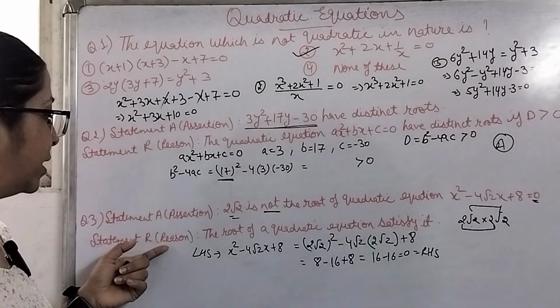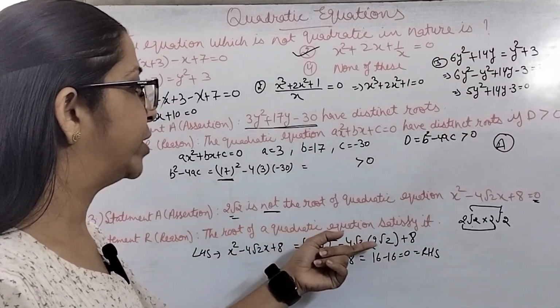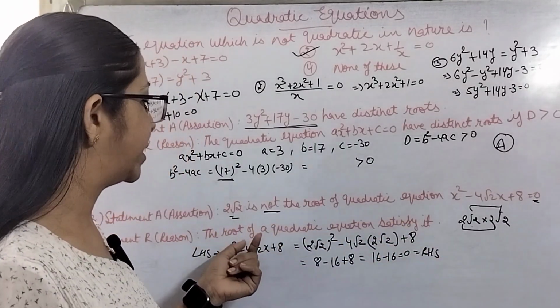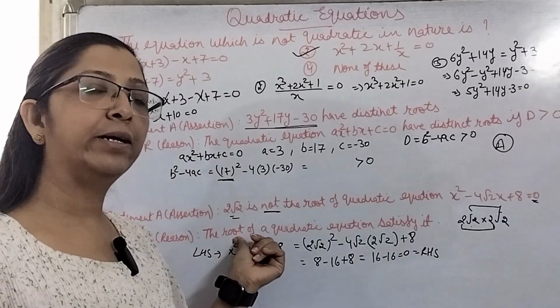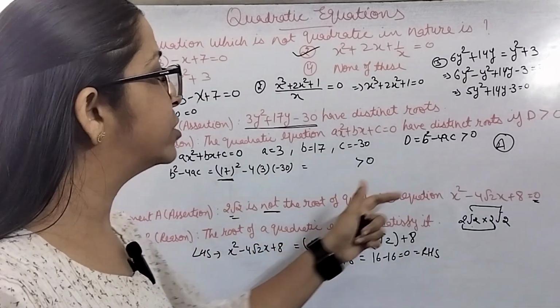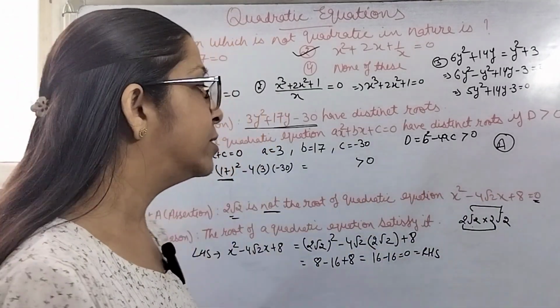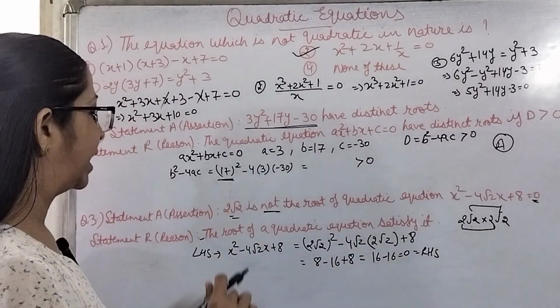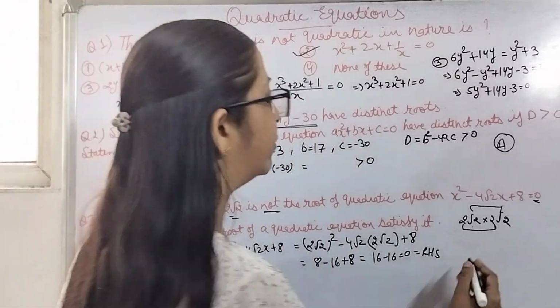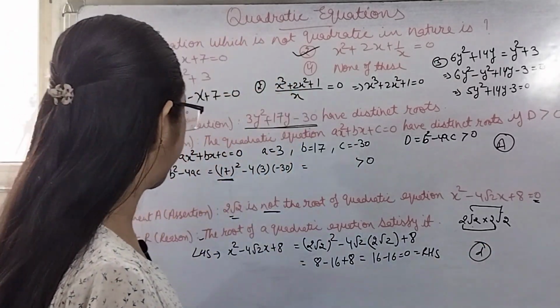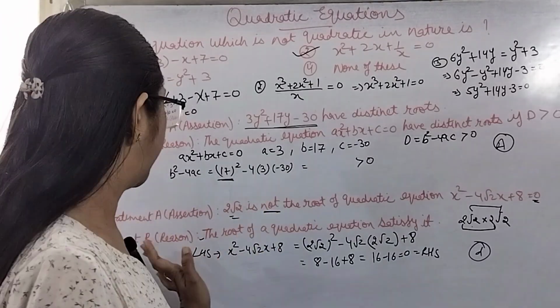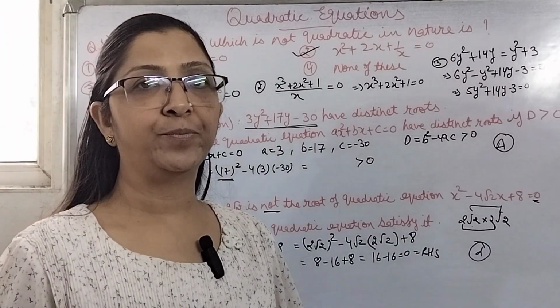Now statement R: the root of a quadratic equation satisfies it. Yes, just now we said whatever the root of a quadratic equation is, it is going to satisfy the quadratic equation. That means R is true and A is not true. So D will be the option, which says the assertion is false but the reason is true.